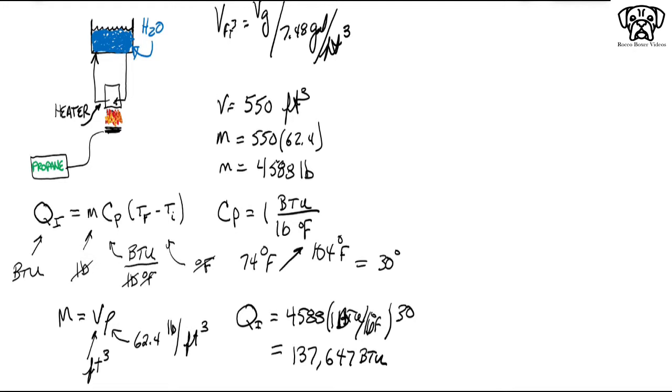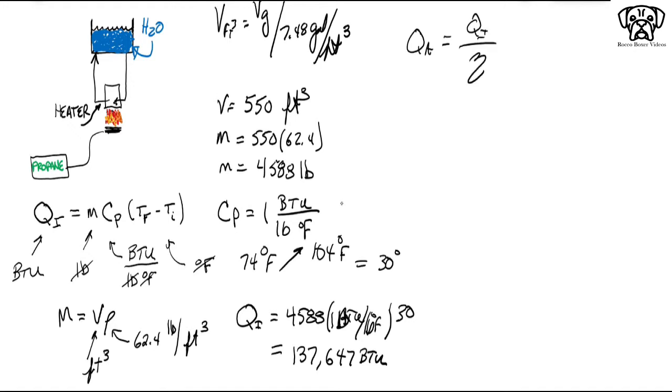But we know we don't live in an ideal world, and we have to now understand what our actual heat is going to be, and that is going to equal our ideal heat divided by the efficiency of the heater.